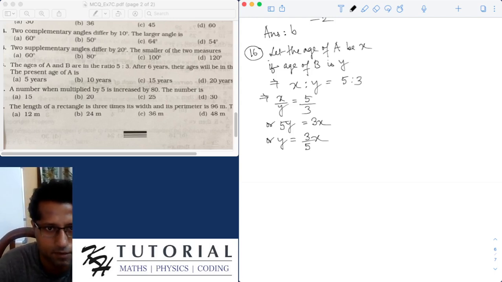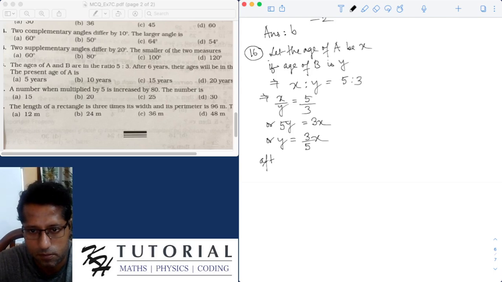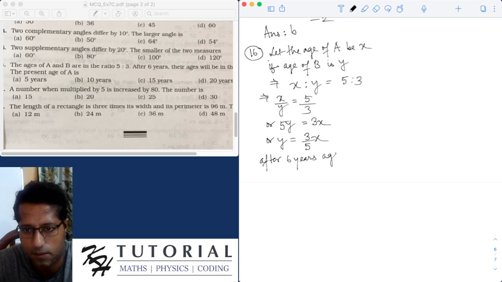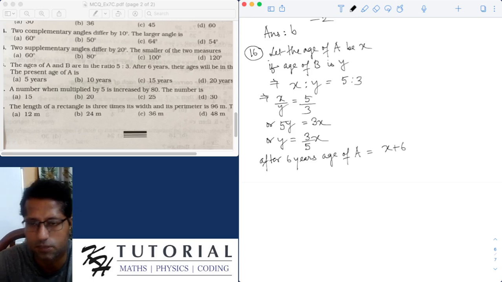Now another fact is given, that after 6 years, the age of A is x plus 6, because the present age of A is x.